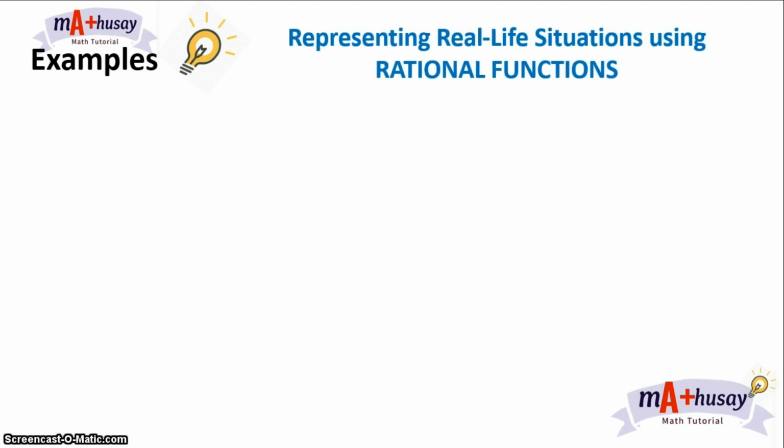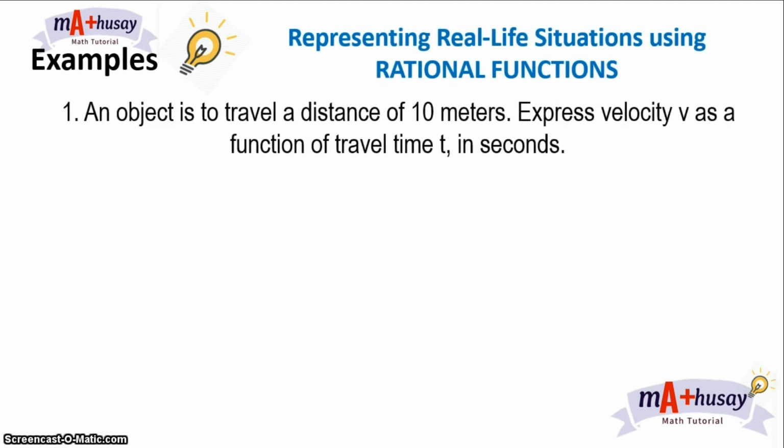This time, tayo ay magre-represent ng real-life situation using rational functions. Example number 1. An object is traveling a distance of 10 meters. Express velocity v as a function of travel time t in seconds.